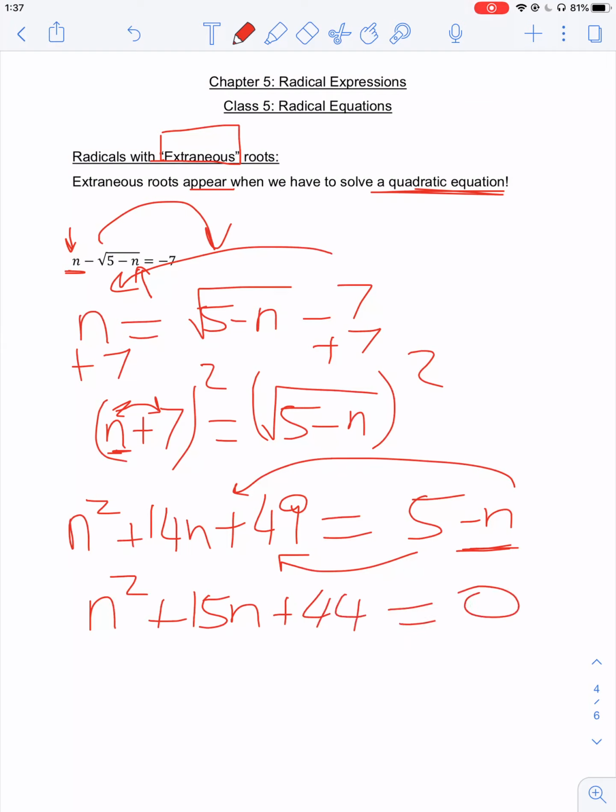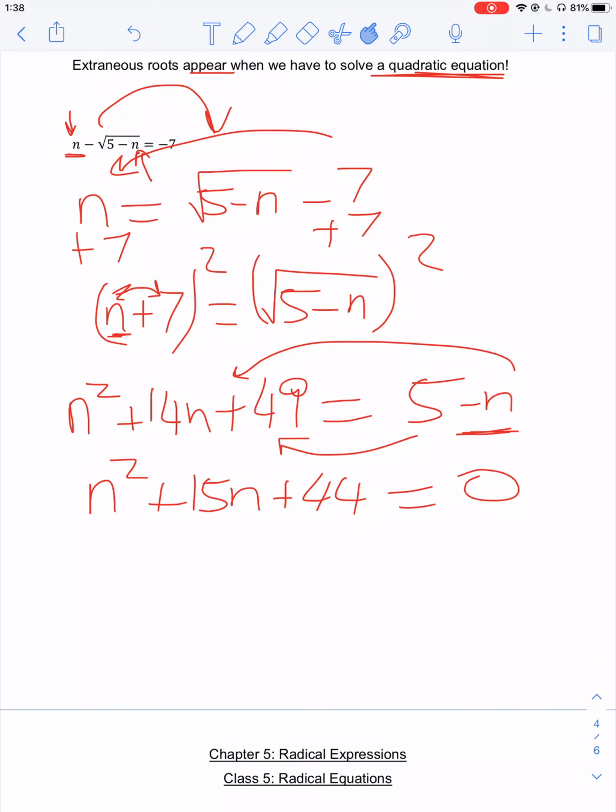Now, you could use your favorite quadratic formula over here, but remember, factoring can actually save you a lot of time. So let's see if factoring works, and I think it will. The coefficient of n is not visible, so it has to be 1. We need two numbers that multiply to 44 and add up to the middle term, which is 15.